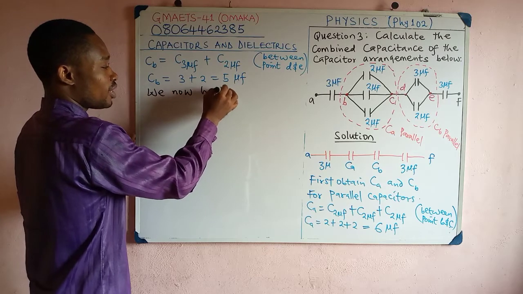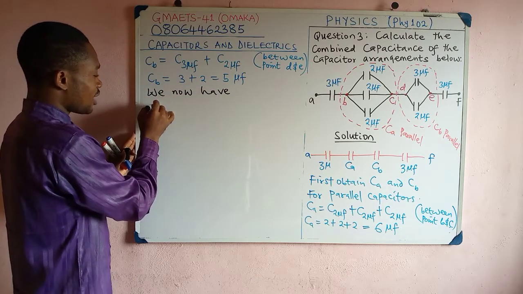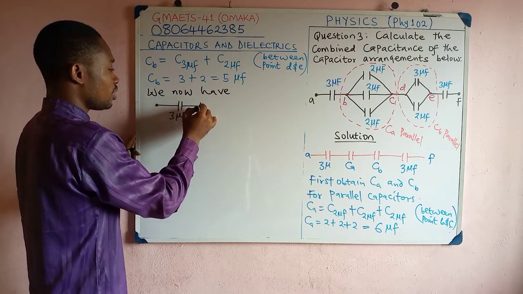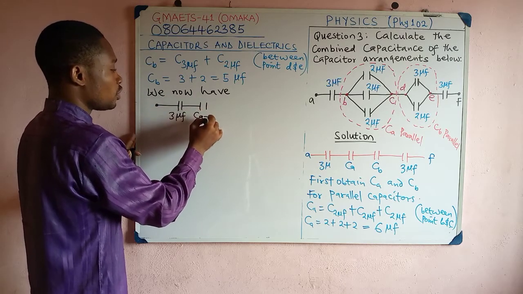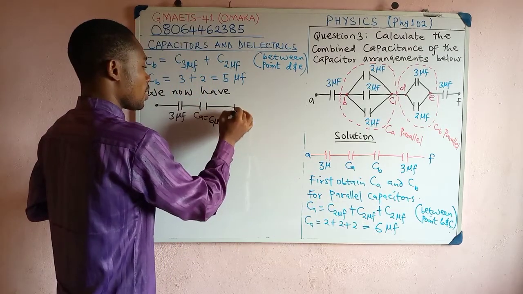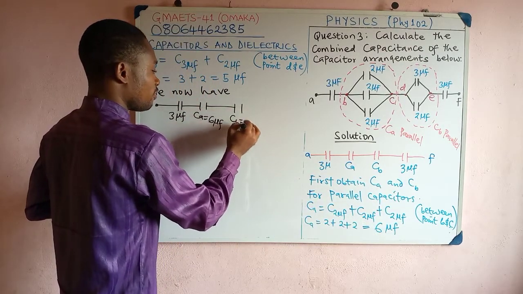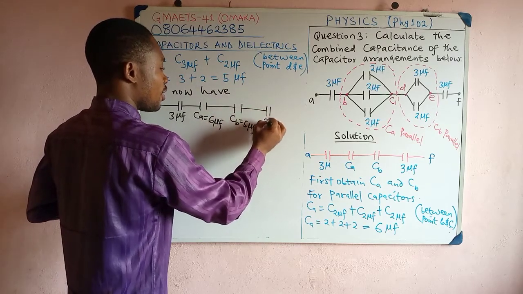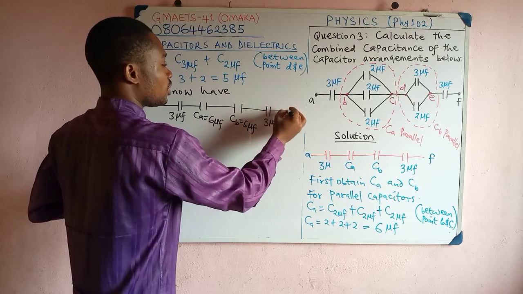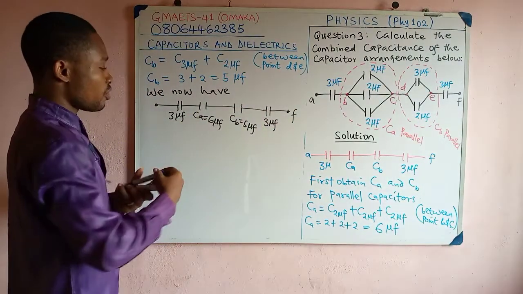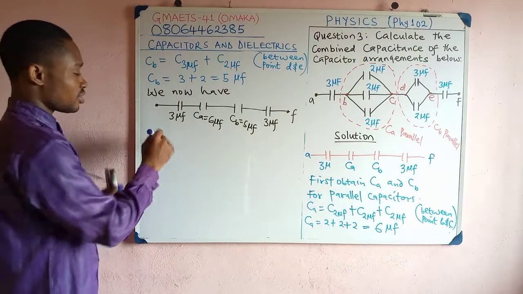Take note that what we now have is a diagram that looks like this: point A, 3 microfarad, then this is CA, which we've obtained to be 6 microfarad, then CB, which is equal to 5 microfarad, and then our 3 microfarad, and at point F. So this now is series connected capacitors.